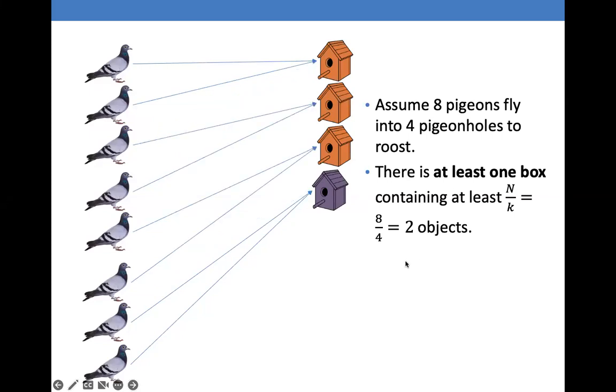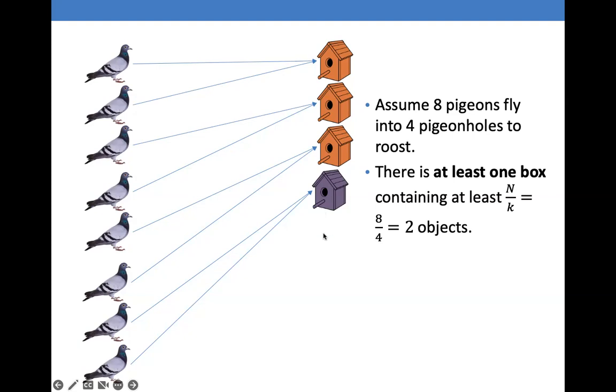In cases wherein, assuming that these pigeons are evenly distributed, so it means that these 2 pigeons will be mapped into this one pigeonhole. So essentially, each pigeonhole that we have will have 2 objects by the pigeonhole principle n over k, right? So we are just dividing all these pigeons into each of the available pigeonholes that we have.